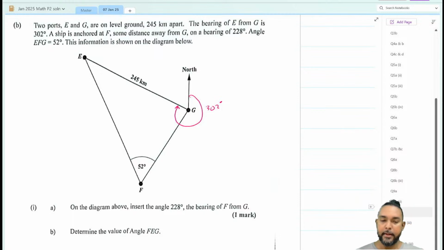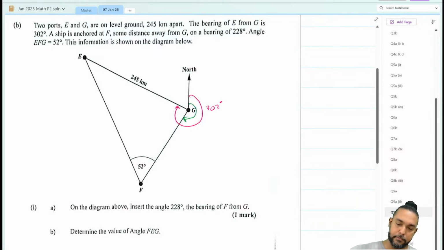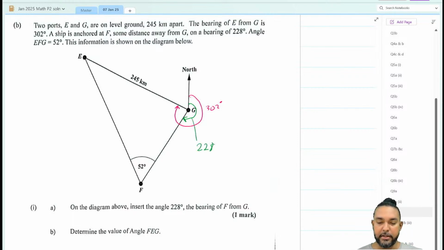A ship is anchored at F, some distance away from G, on a bearing of 228. We'll put that one in green. So that's 228. Angle EFG is equal to 52 degrees. The information is shown in the diagram below. On the diagram, insert the angle of 228.